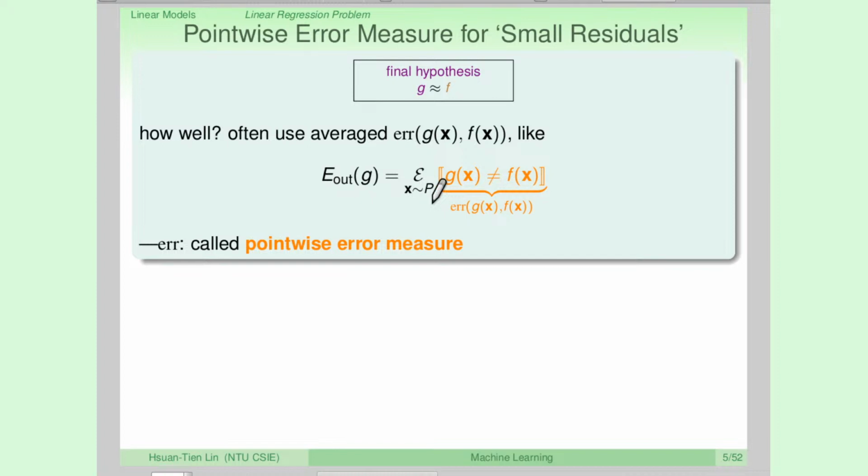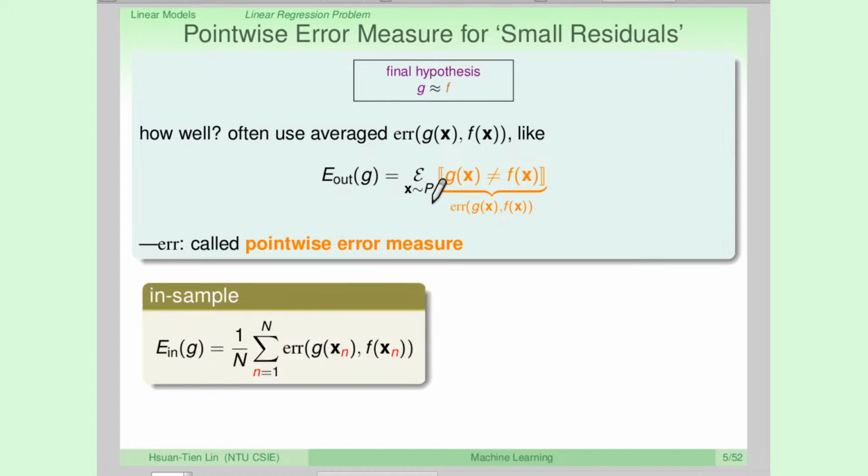And this ERR is called a pointwise error measure because it evaluates the performance difference between g and f on a single example. And we average them over the whole distribution that we're interested in. Following this definition, we can extend machine learning to arbitrary problems with pointwise error measure by having a corresponding in-sample error that's basically defined as all the ERR evaluated on the examples.